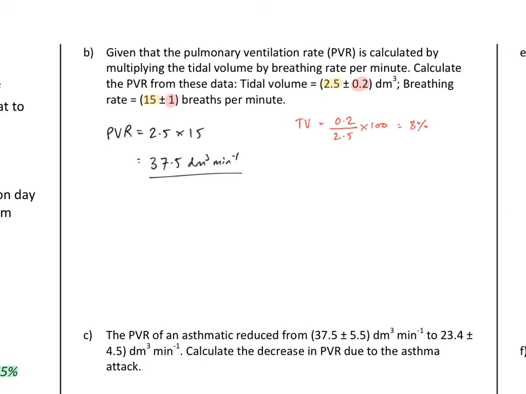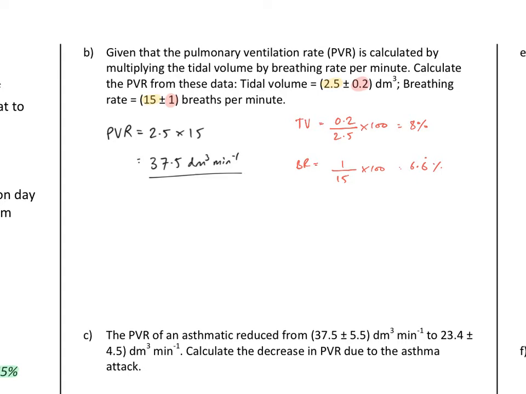And the breathing rate, BR, equals 1 divided by 15 times 100. Don't forget to times by 100. Almost didn't do that then. That's 6.6 recurring percent. That's the kind of number I store in my memory.